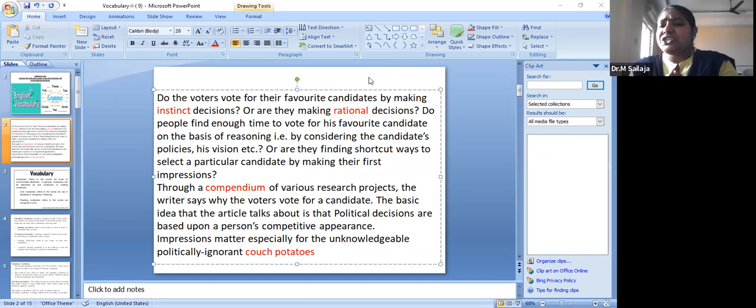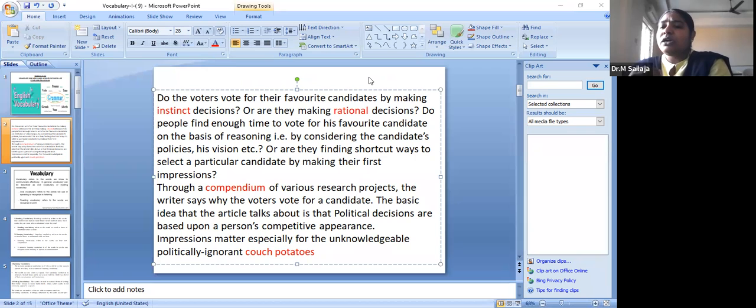So how are the voters choosing their rulers, by following instinct decisions, or by making rational decisions?